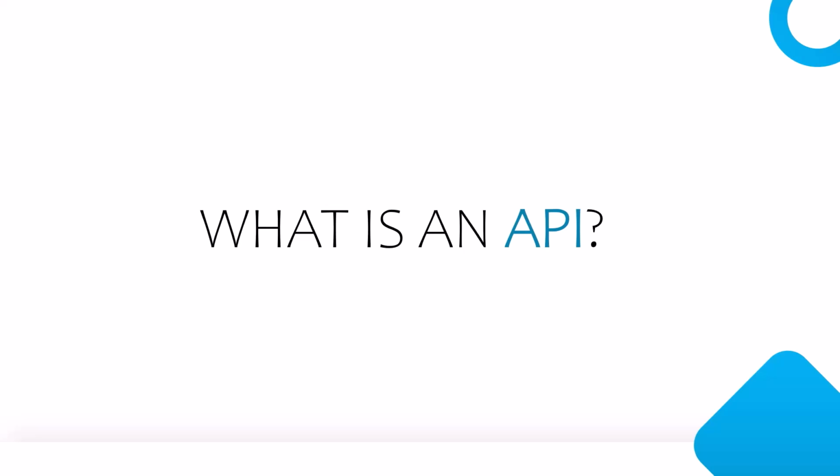We have the big question on what is an API. The definition for an API is Application Programming Interface, but that is not explanatory. In simple words, API is responsible for transmitting the data, or rather it is a way for multiple applications to communicate with each other.